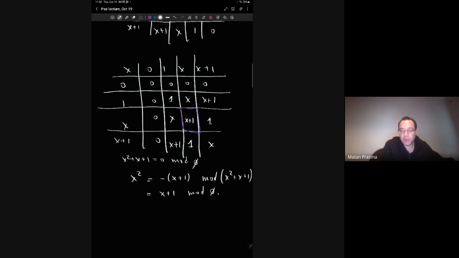Okay, so this is the addition and multiplication table, and we get a field of 4 elements. You can check that it's actually isomorphic to the field of 4 elements that we defined a couple of sessions ago with the elements 0, 1, 2, 3.